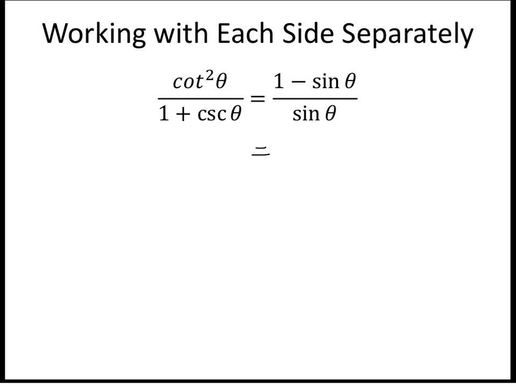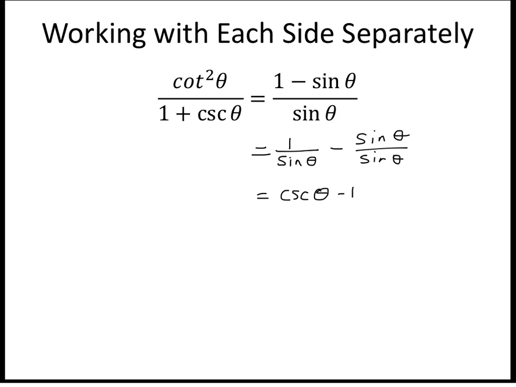Because I can see that I can break this fraction apart because I have two things on top and one on the bottom. So I can break it apart to 1 over sine theta and then a minus sine theta over sine theta, which gives me cosecant theta minus 1, okay? And that's about all I can do to simplify this.